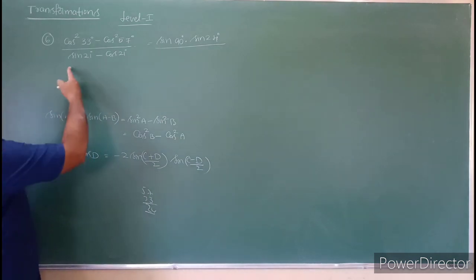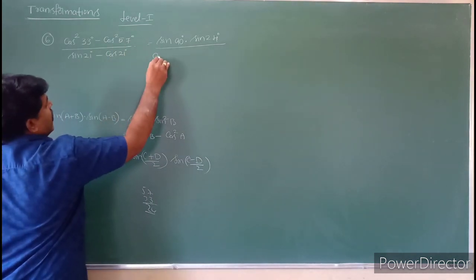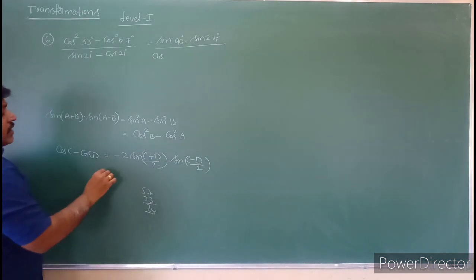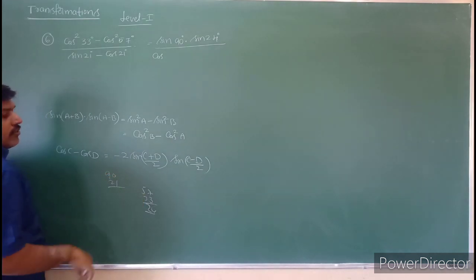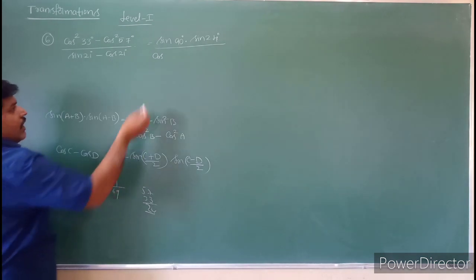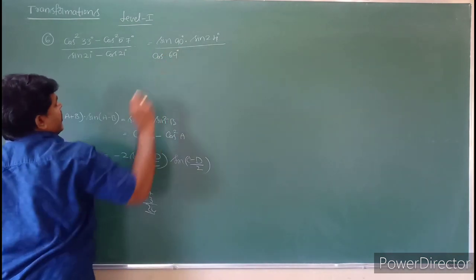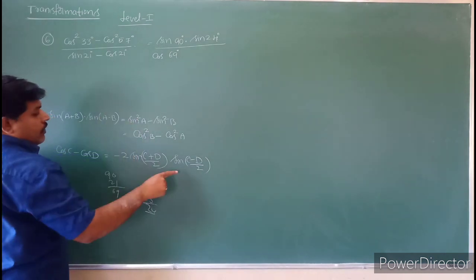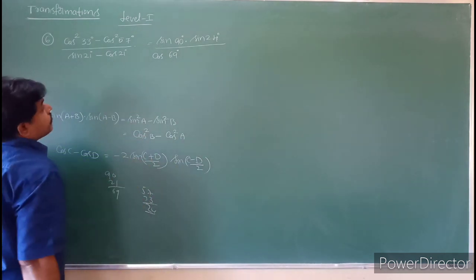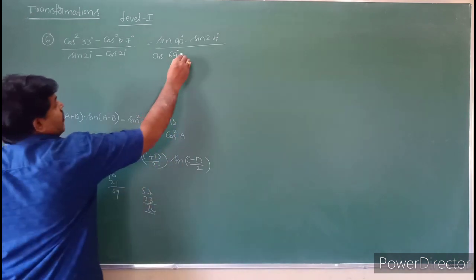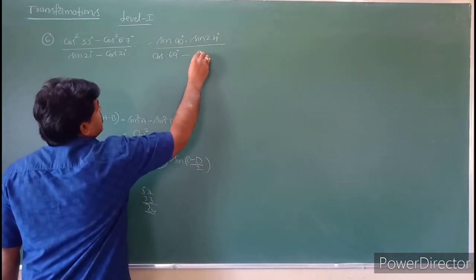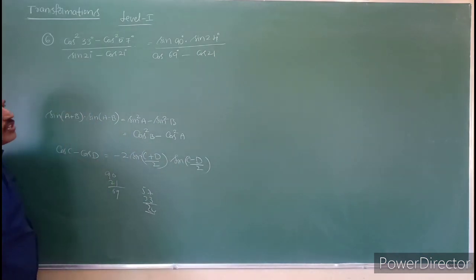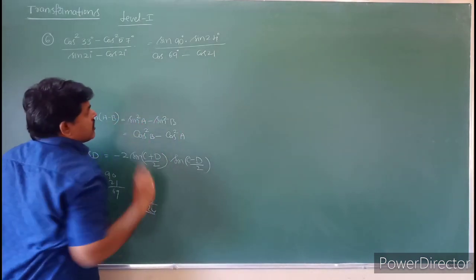So sin 21 becomes cos(90 minus 21), that is cos 69. So I am changing this value as cos 69 minus cos 21.